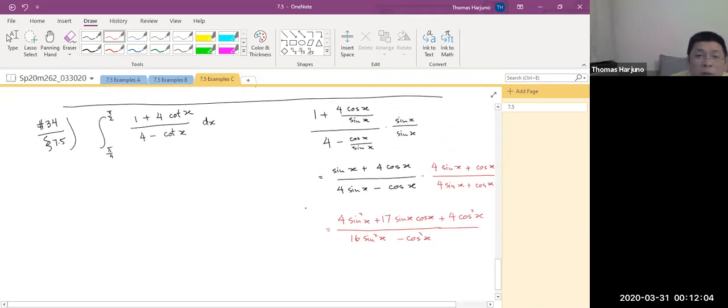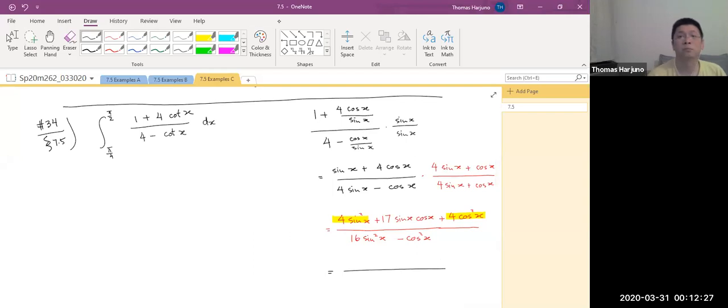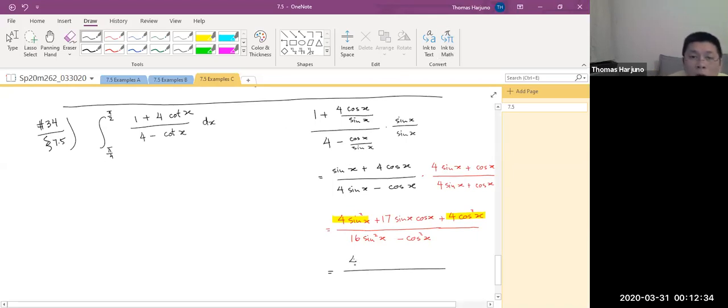Now, 4 sine squared x plus 4 cosine squared x gives us what? That will give us 4, right?